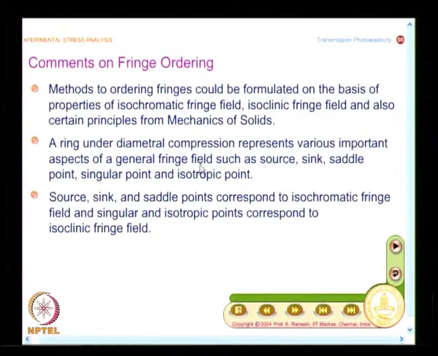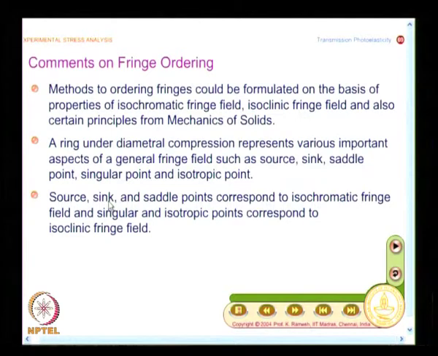So, when I understand all these features that serve as gate points for me to order the fringes, that is what is very important. And these points could be classified, certain ones belonging to isochromatics and certain ones belonging to isoclinics. Source, sink and saddle points correspond to the isochromatic fringe field, singular and isotropic points correspond to the isoclinic fringe field.